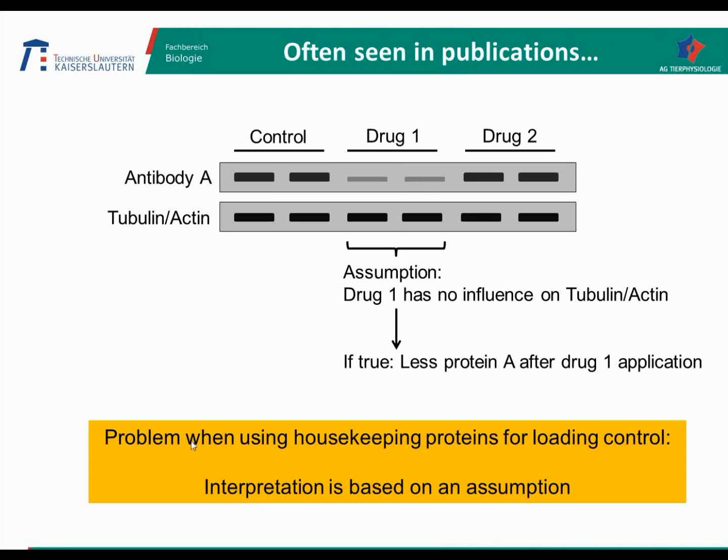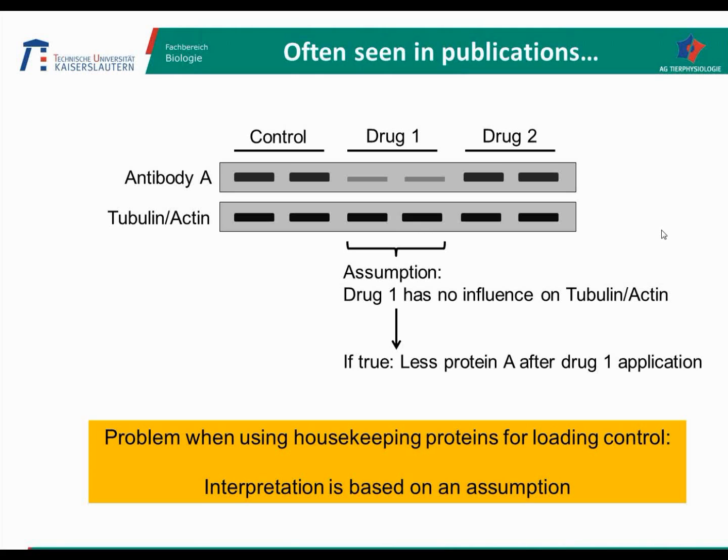The problem is that when you use housekeeping proteins as a loading control, your interpretation is always based on this assumption. It could still be that you have loaded less total protein here, but drug 1 has an enhancing impact on the cytoskeleton, on tubulin or actin. This is usually never checked.